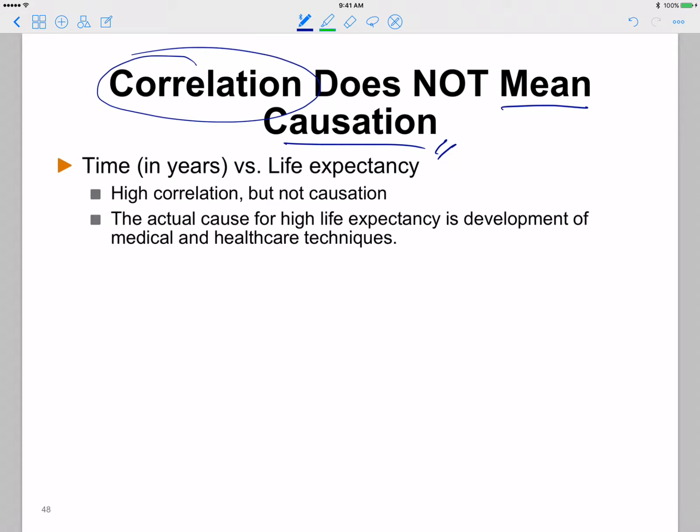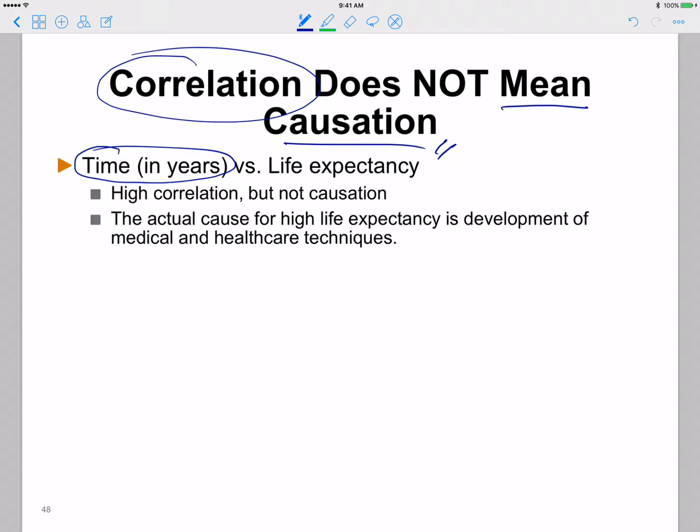So let's suppose we collected the year. We are now living in the year 2017, right? 2016, 2014, and so on, and maybe 1997 or something like that. And then let's also collect the life expectancy, how many years on average a person lives. Due to medical development, people's lifespan gets longer and longer.